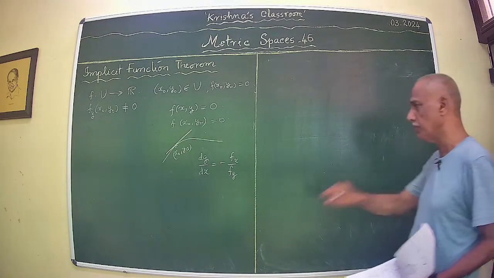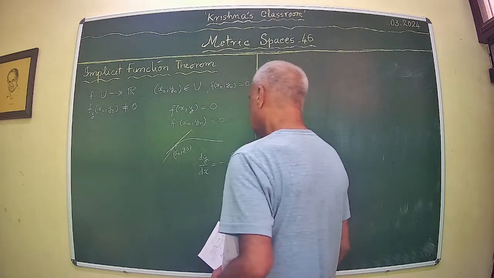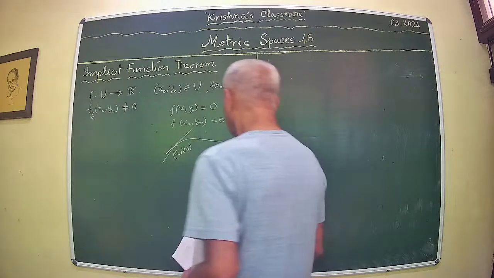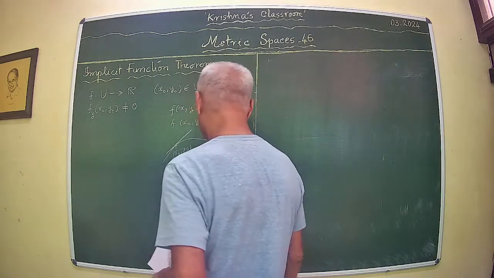So if fy is 0, then this is not well defined. The tangent to the curve is not well defined.